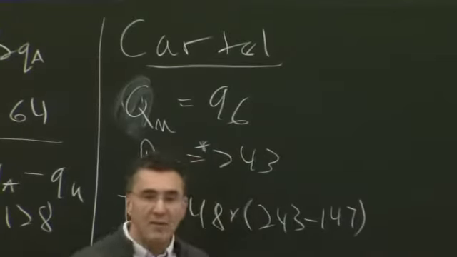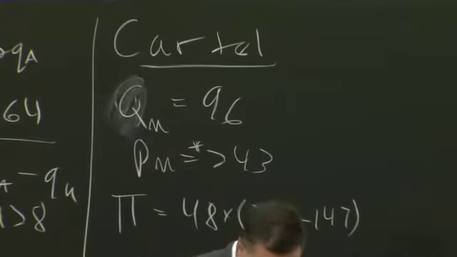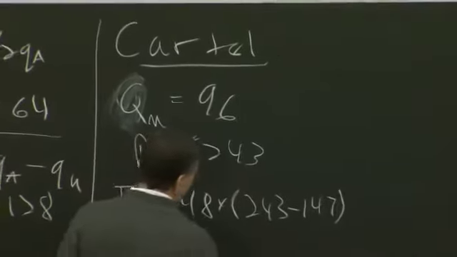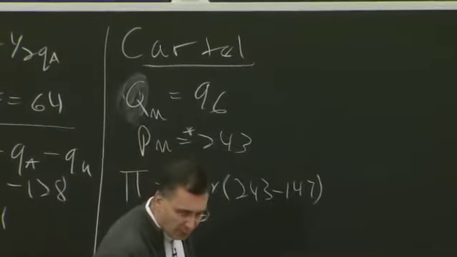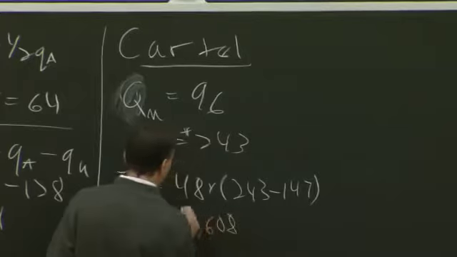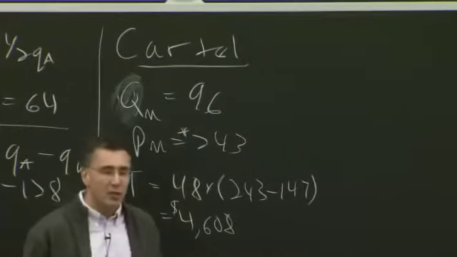Remember, marginal cost is average cost here. That would mean per firm, the profits would be $4,608. So each firm would make $4,608 in profits.